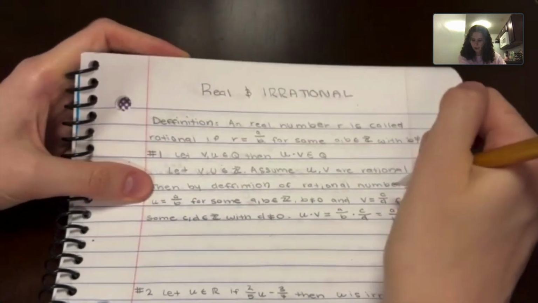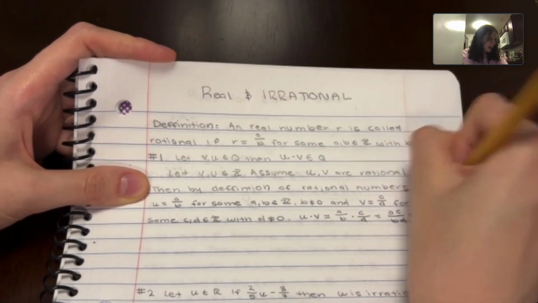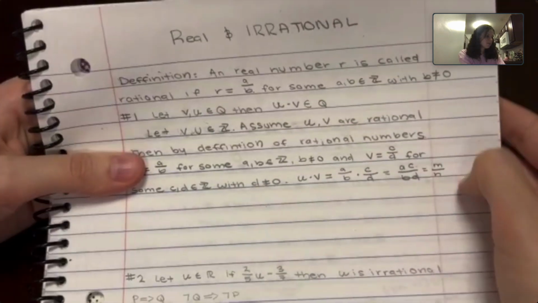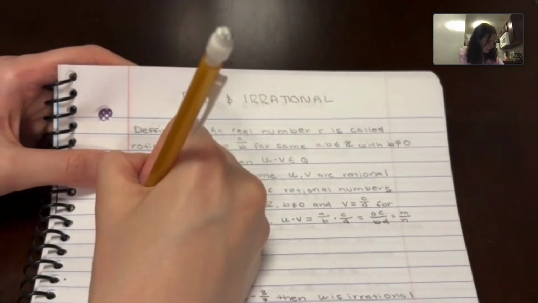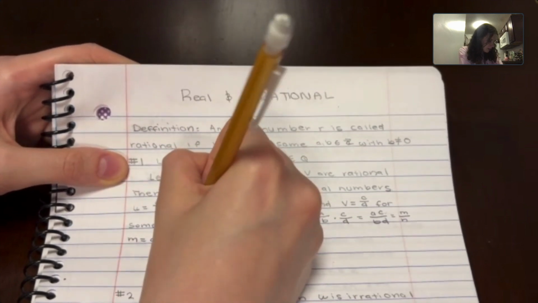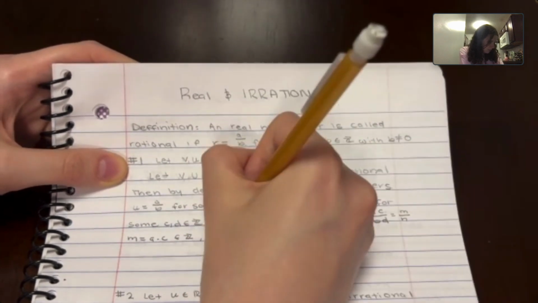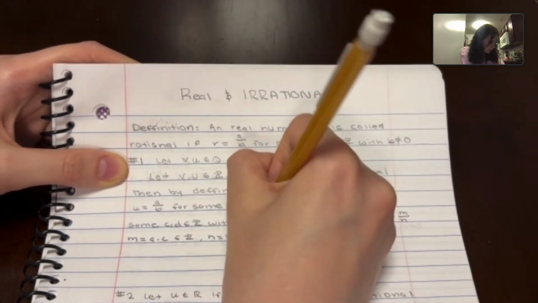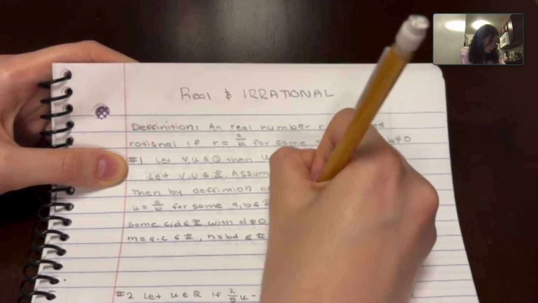So all we have to do is what I usually do is have it equal this. This part can kind of be superfluous, but just so I cover all my bases, I usually do it with m equaling ac, which is an integer, and n equaling bd, which is an integer, and n also does not equal 0.